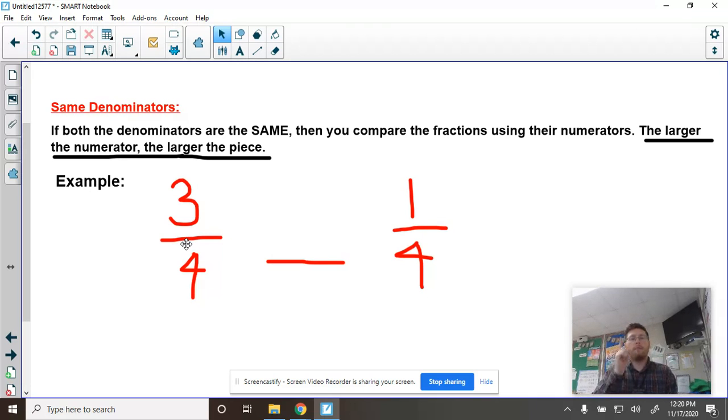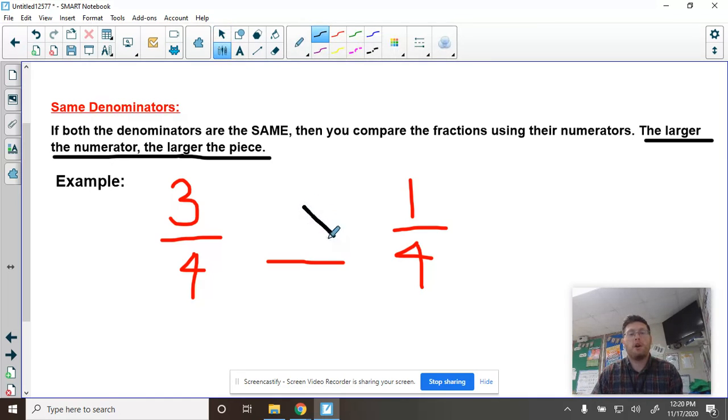If you remember our lesson, we keep going back to our fraction circles and fraction strips. If I were to put 1/4 on top of 3/4, 3/4 would be larger. I would see more of the 3/4 than I would the 1/4. So I would know that 3/4 is a larger fraction than 1/4.